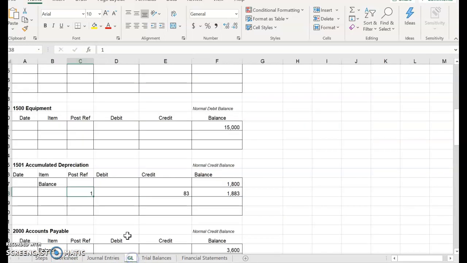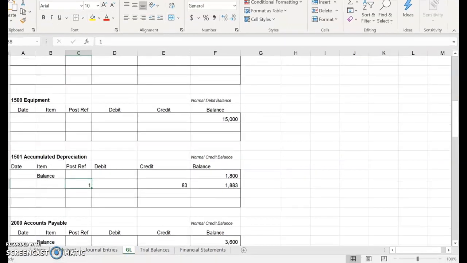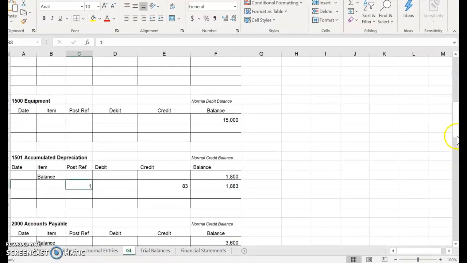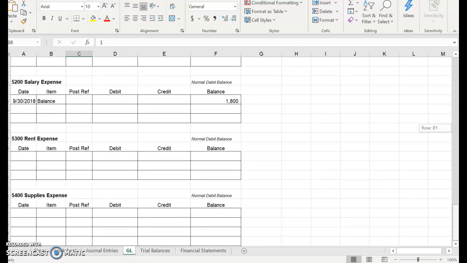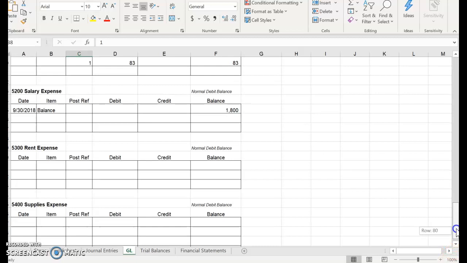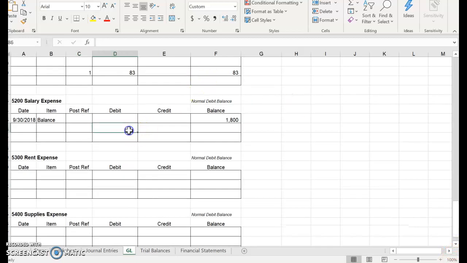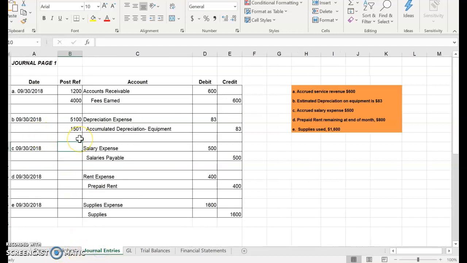Go to my journal entry, salary expense. $500 has a normal debit balance, so now $1,800 plus $500, the balance is $2,300. This came from journal entry page 1, and it's going to account 5200.